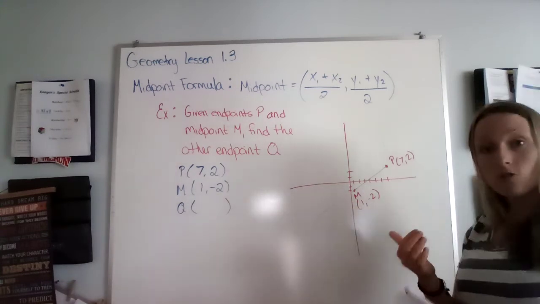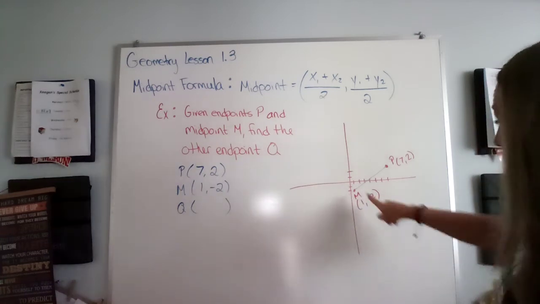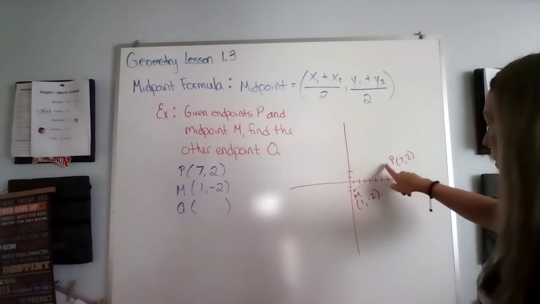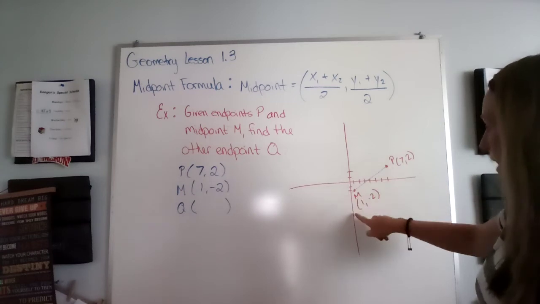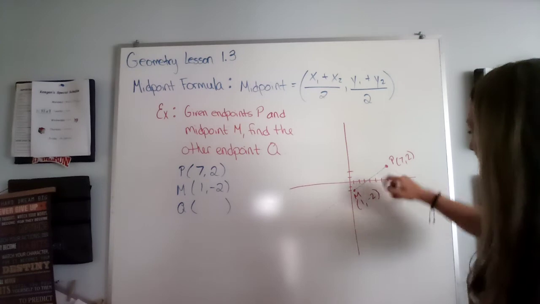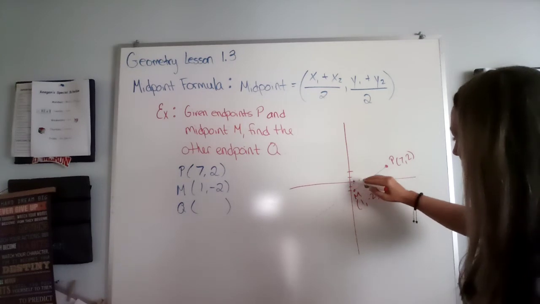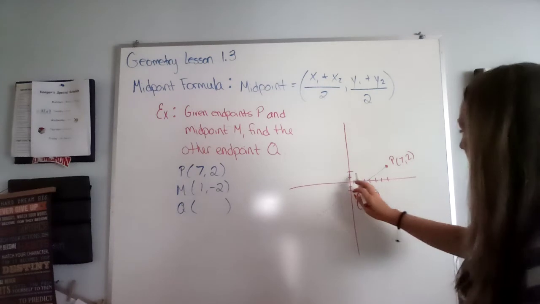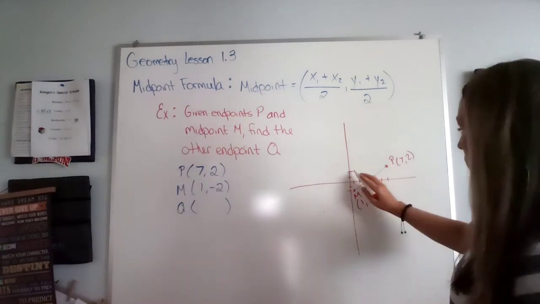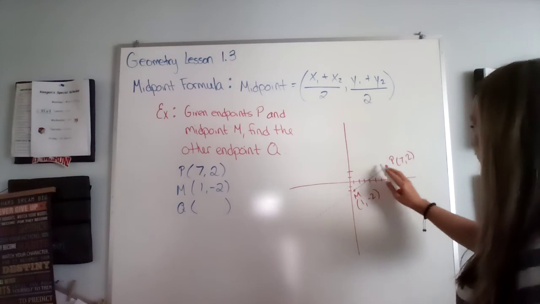Now, again, you can use slope to help you figure this out. You can figure out how many units you went up and over, and then do the opposite. Go down and over. So what I mean by that is to get from M to P, I have to go up 1, 2, 3, 4 units, right? I have to go up 4, and then I have to go over, I have to remember if that was all the way set, 6 units it would be. 1, 2, 3, 4, 5, 6.